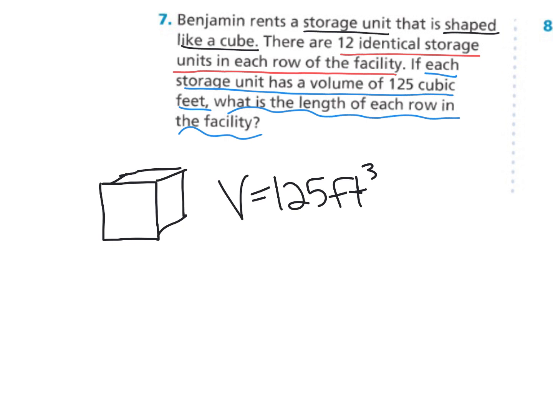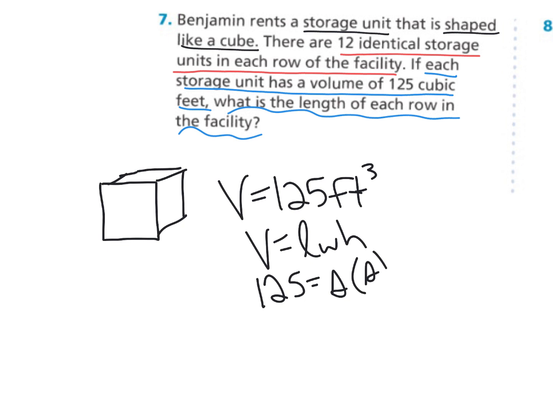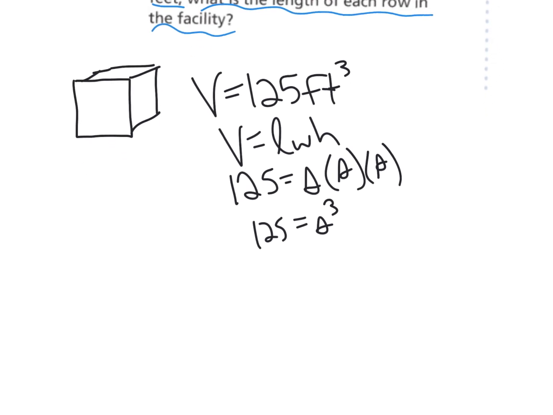So if the volume is 125, like we've talked about before, volume is length times width times height. And on a cube, all of those are the same. So to figure out what our side length is, we could take the cube root. So cube root of 125.